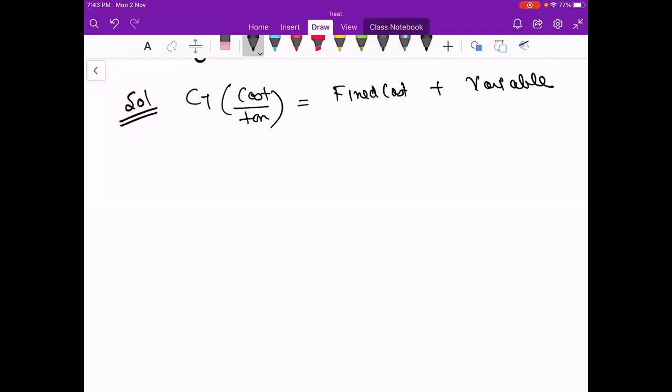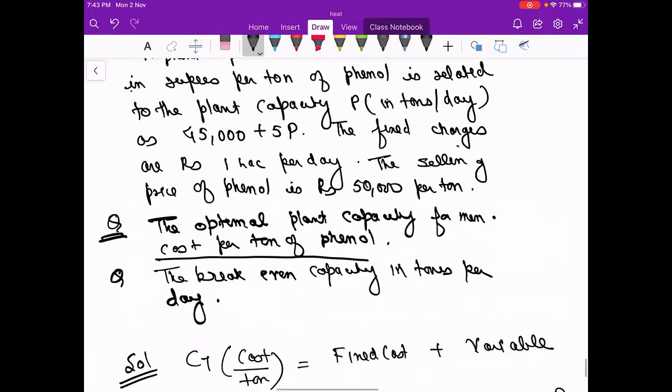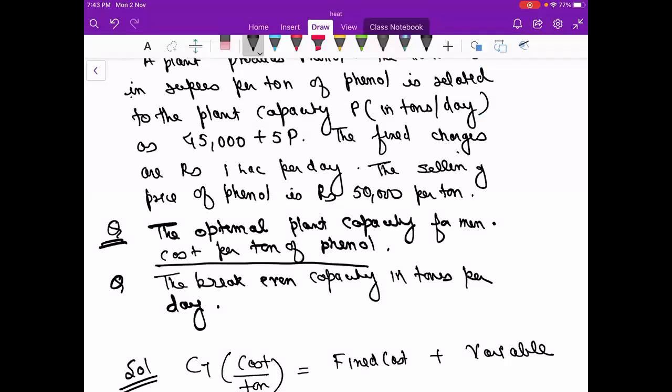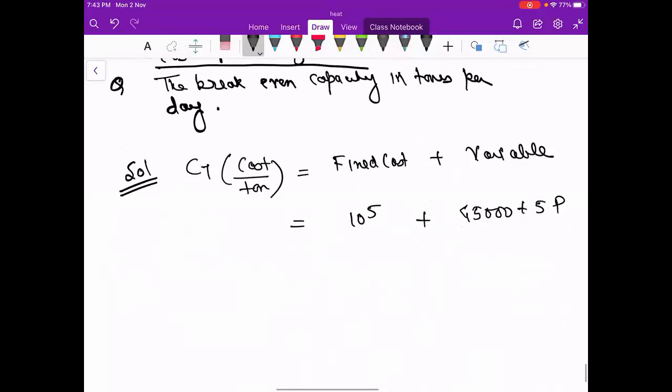The fixed cost is 10 to the power 5, plus the variable cost, which is 45,000 plus 5p. But the fixed charges are 1 lakh per day, and we want the cost in tons, so you have to divide by p. Now the equation is CT, and what you want is the optimum.